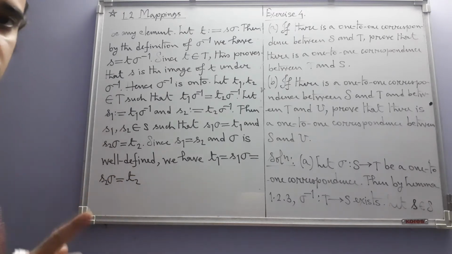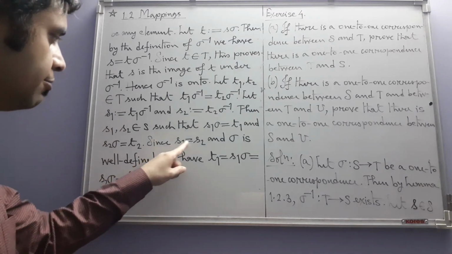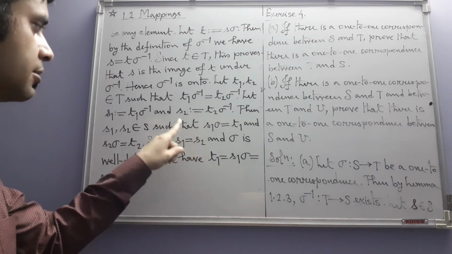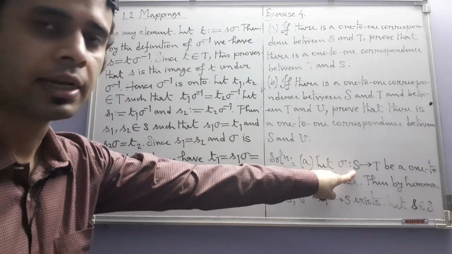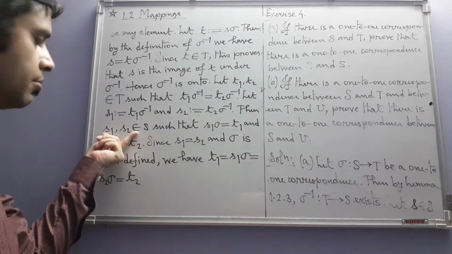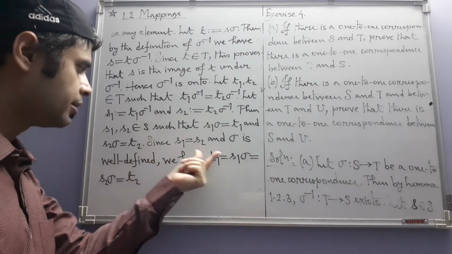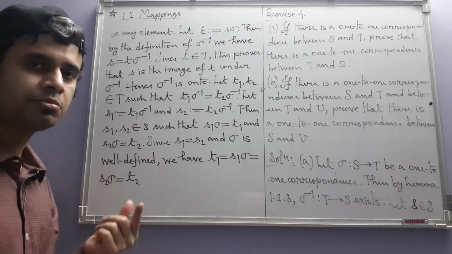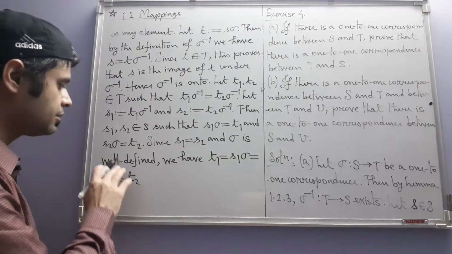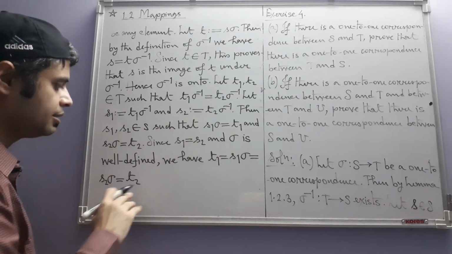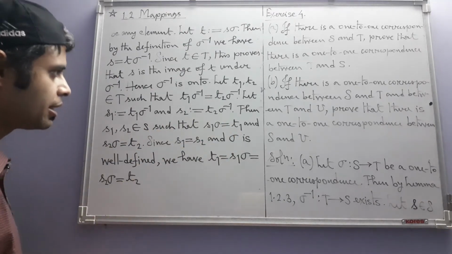If sigma has to be well defined, then if you take two equal elements in its domain S, their images under sigma should also be equal, but those images are nothing but t1 and t2 respectively. So now t1 and t2 are equal.